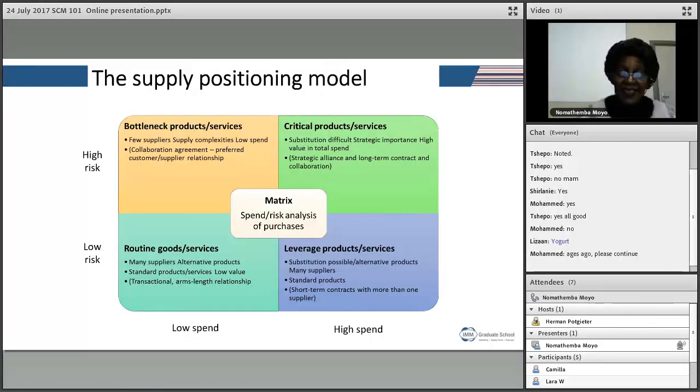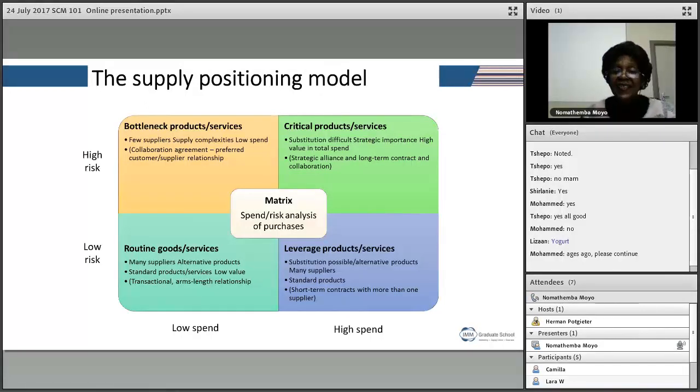Here it means that the suppliers are few and their supply complexities are high, with low spend. Because there are fewer suppliers, there is need for collaboration, where there's an agreement between the suppliers and the organization. There is the preferred customer-supplier relationship on bottleneck products.